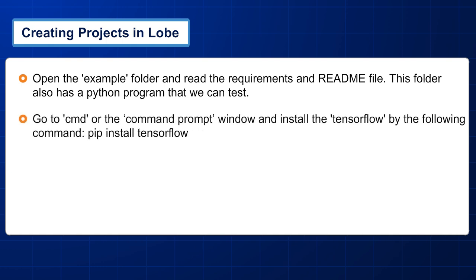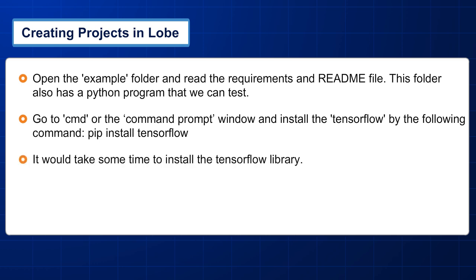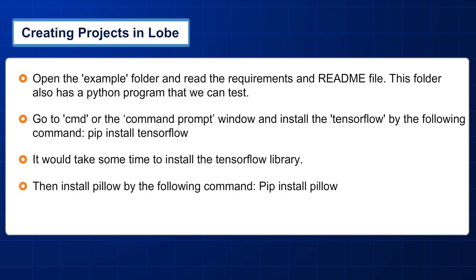Go to CMD or the command prompt window and install the TensorFlow by the following command: pip install TensorFlow. It would take some time to install the TensorFlow library. Then install Pillow by the following command: pip install Pillow.